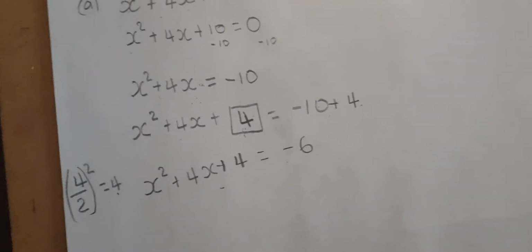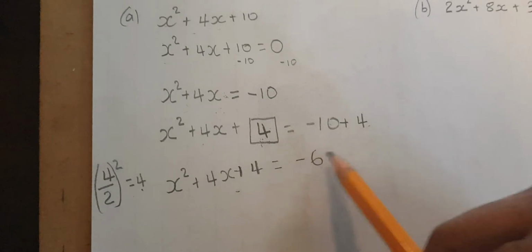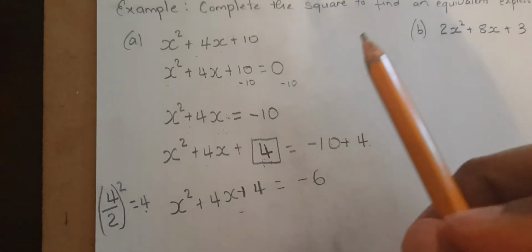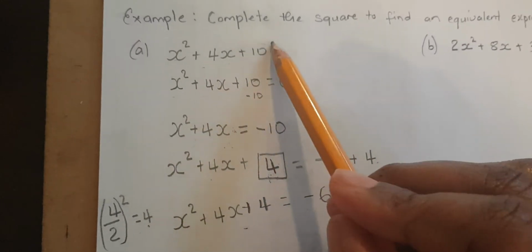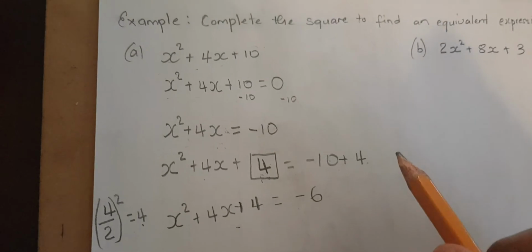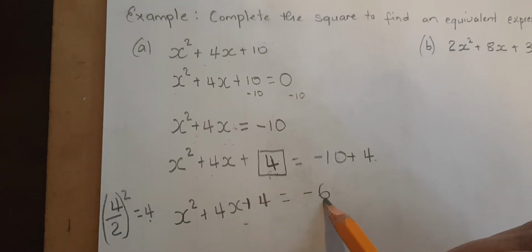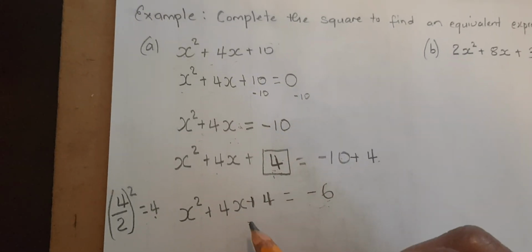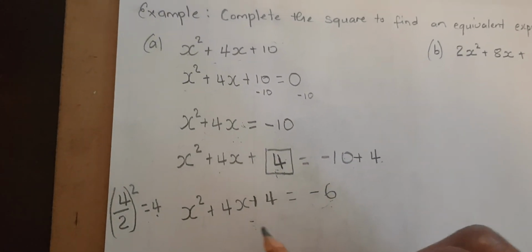So you realize we have 6 left over. And it makes sense because how many units did we have initially? We had 10, but we only needed 4. So we know we're going to have 6 left over. You may be wondering why it is a minus 6. It's just because we take it to the other side. If we were to take it back to the side where everything is, it would be a plus 6.